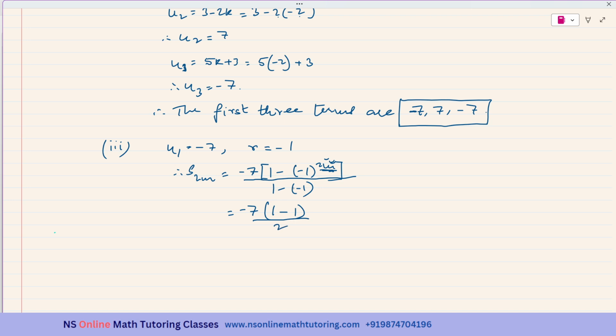Minus of minus 1 is 1, so 1 plus 1 is 2. Since minus 1 raised to the power of 2m is equal to 1, therefore S2m is equal to 0. Clear?